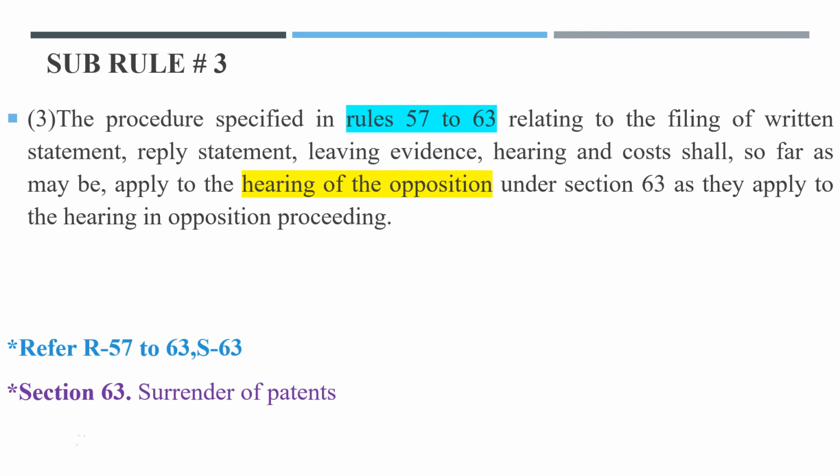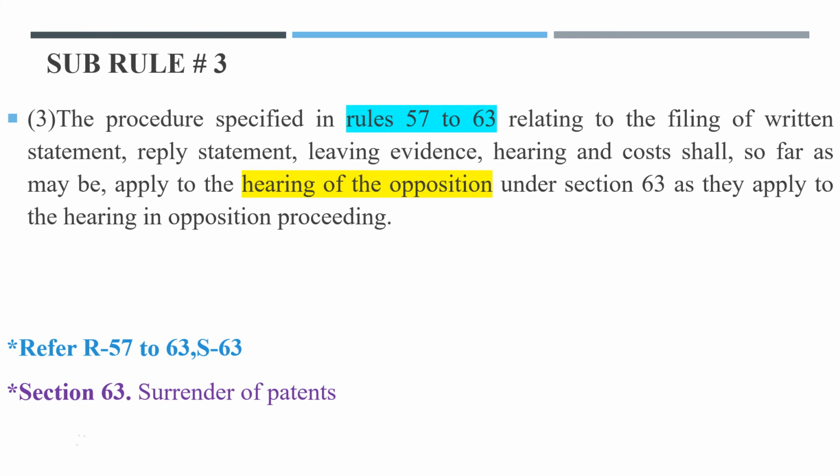Subrule 3 says the procedure specified in rules 57 to 63 relating to the filing of written statement, reply statement, leading evidence, hearing and cost shall, so far as may be, apply to the hearing of the opposition under section 63 as they apply to the hearing in opposition proceeding.